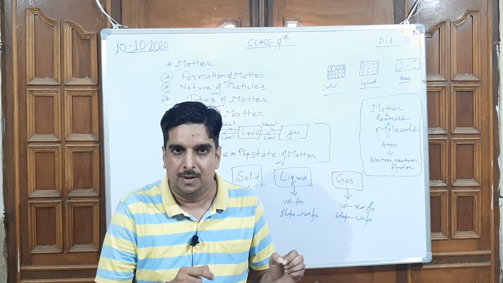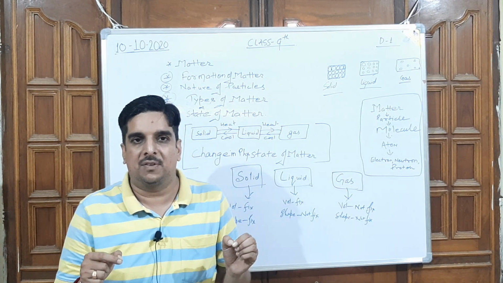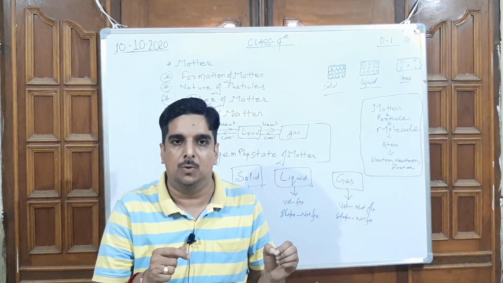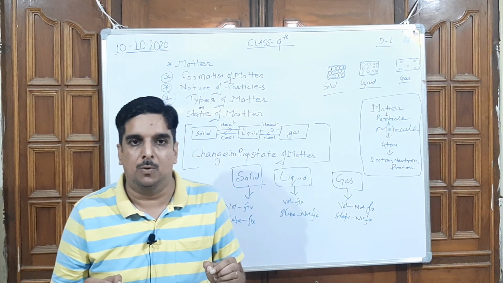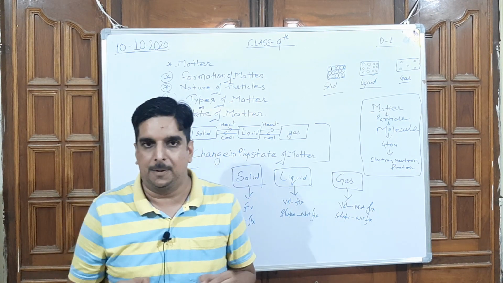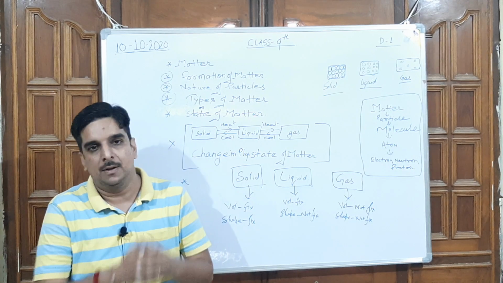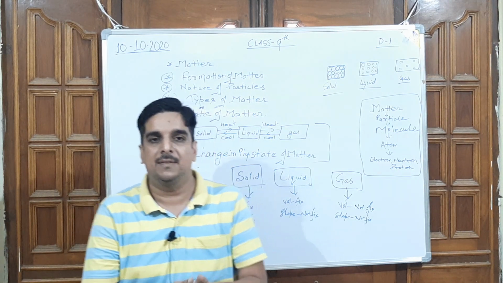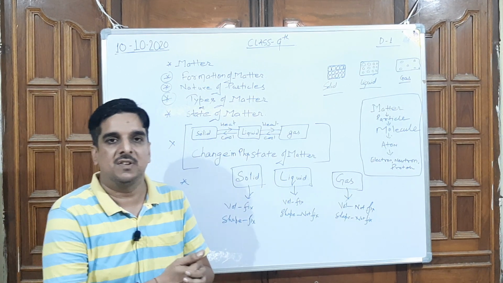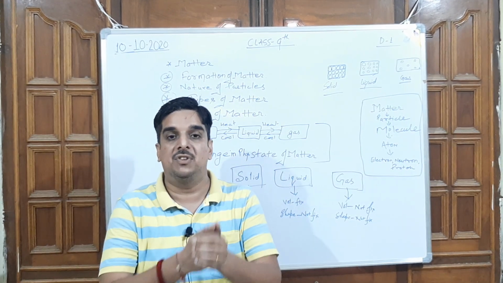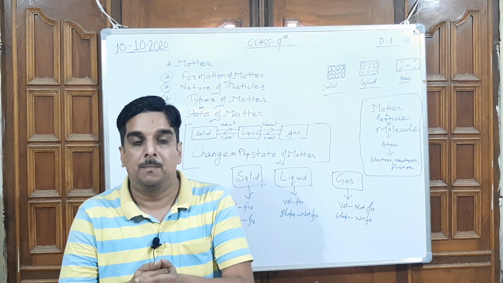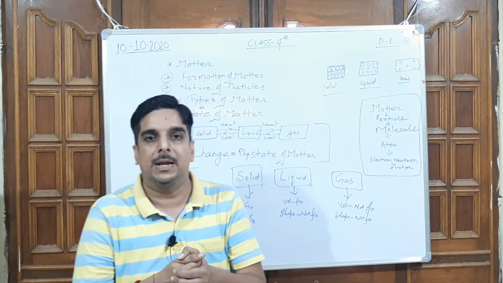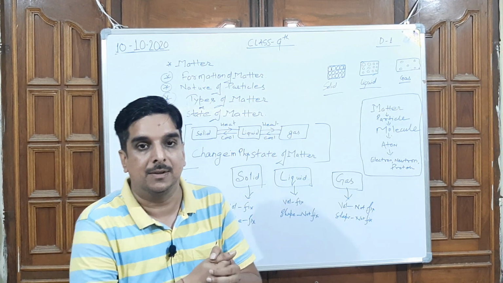In Hindi, ब्रह्मांड में उपस्थित वह हर वस्तु जिसकी एक आकृति हो, जिसका एक द्रव्यमान हो, उसे हम पदार्थ कहते हैं. So matter is nothing but the same. Converting the Hindi line into English: any substance which has a mass and a shape, either fixed or not fixed, will be considered as matter.